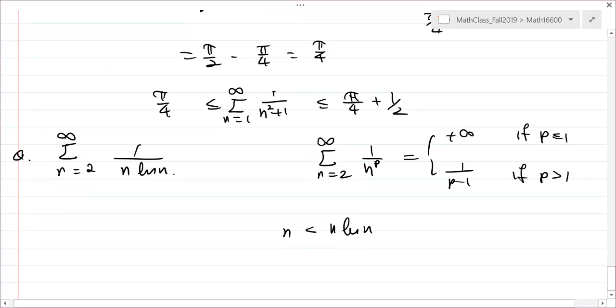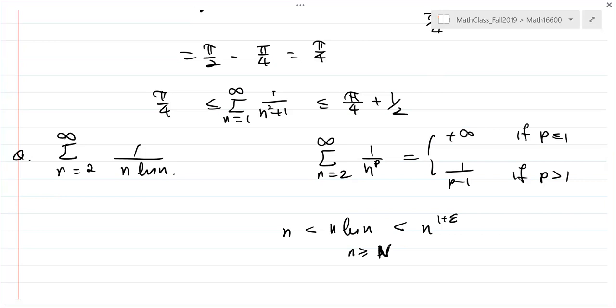Of course, n should be large enough, because natural log of 2 is still smaller than 1. So we just assume n greater than 3. And this is going to be less than n to the power 1 plus epsilon, but then n has to be larger than a very large number, because 3 is not enough. It depends on the epsilon we choose.